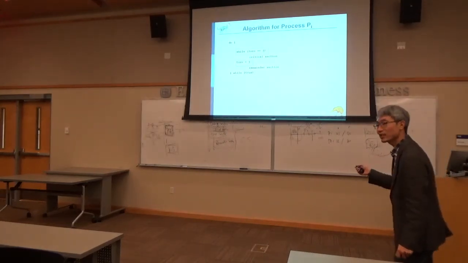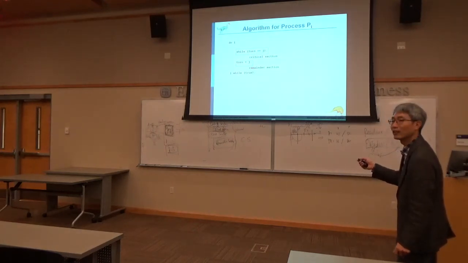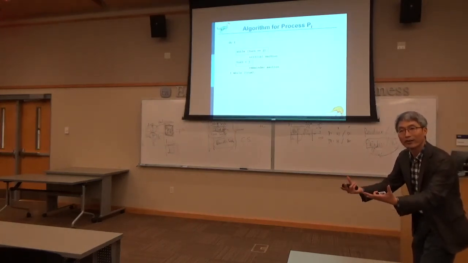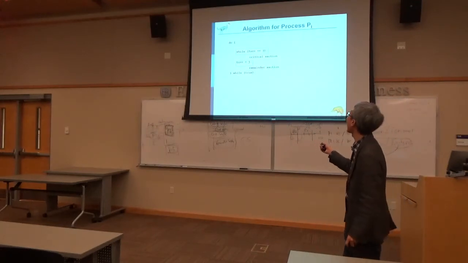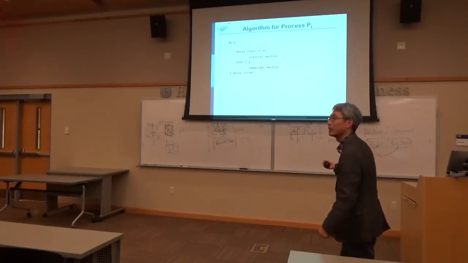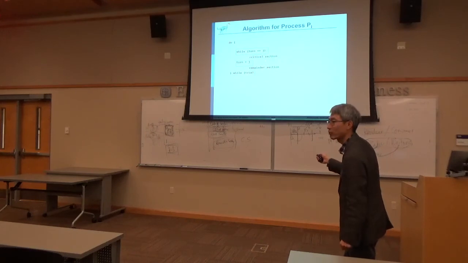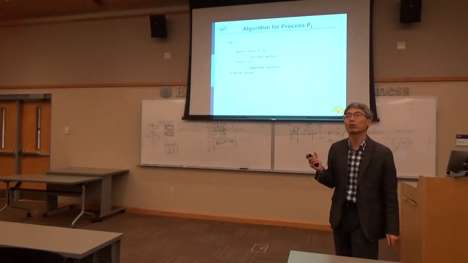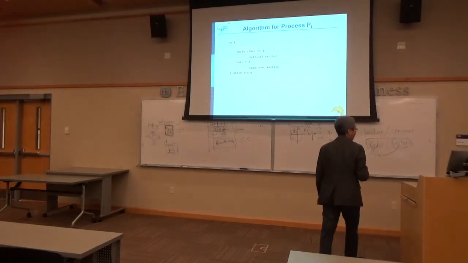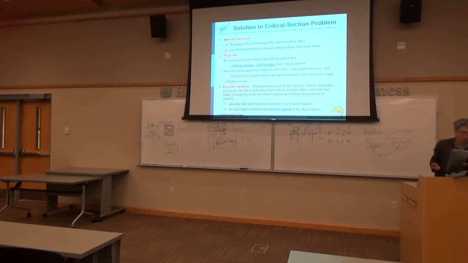If j is waiting for this, it can enter the critical section. This is just the simplest example of how the operating system addresses the critical section problem by adding entry section and exit section. So this is called the critical section problem, to solve the synchronization issue.